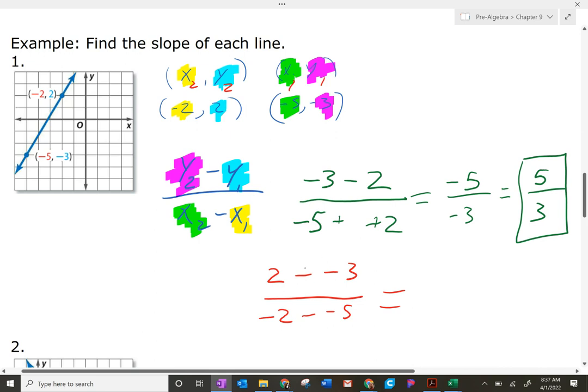Awesome, I've got minus negatives. This turns into a plus a positive for both of those. 2 plus 3 is 5. -2 plus 5 is a positive 3. Is it the same thing?